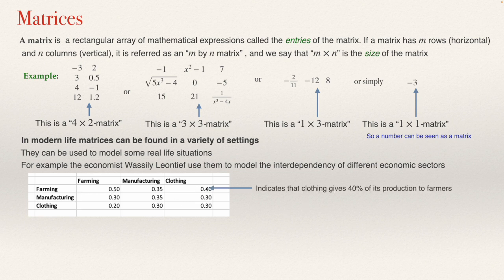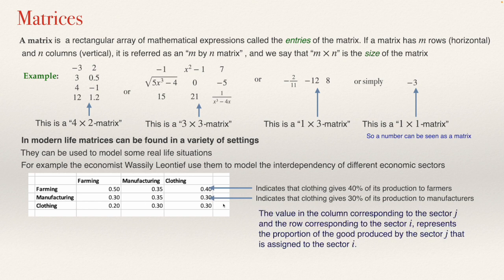So this number here, 0.40, indicates that clothing gives 40% of its production to farming. Or this number here indicates that clothing gives 30% of its production to manufacturing. So first the column, clothing, is giving 30% to this row, manufacturing.